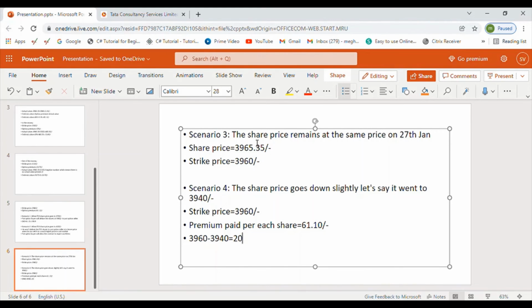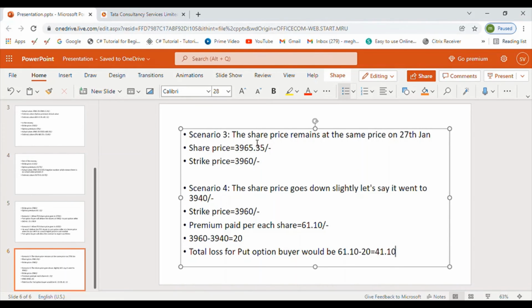So the put option buyer gets 20 rupees, which means the total loss for the put option buyer would be the premium paid per share minus the profit received. So how much is it? It is 41 rupees 10 paise. So the total loss for the put option buyer is 41 rupees 10 paise per share in this scenario.